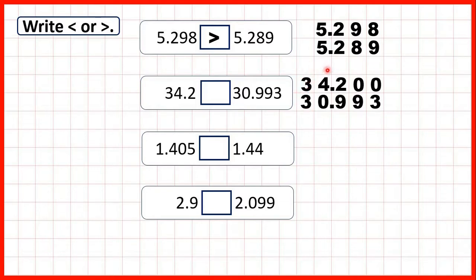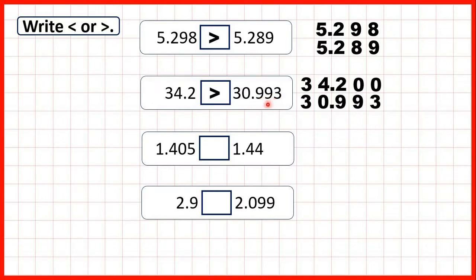So we go to the next place value to the right, and the first number has 4 in the ones, and the second number has 0. So we know that 34.2 must be larger than 30.993. So sometimes when we're comparing decimals, all we need to do is to compare what comes before the decimal point. So here we had 34 and 30, because remember, anything that comes after the decimal point is less than 1 whole.